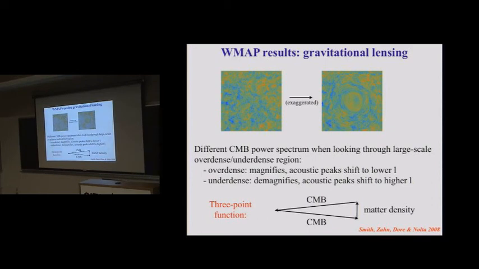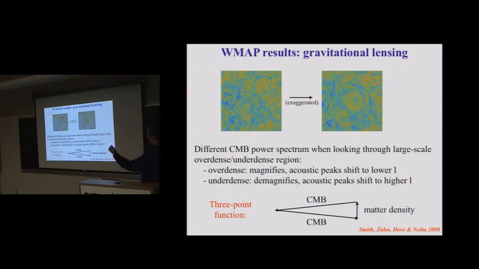Gravitational lensing induces a 3-point correlation function between 2 powers of the CMB and 1 power of the projected matter density, or the projected potentials that are doing the lensing. So I want to just describe, for the sake of pedagogy, intuitively why you would get this correlation. If you imagine that you look through a large-scale overdense region, then that will magnify, stretch out the CMB hot and cold spots.